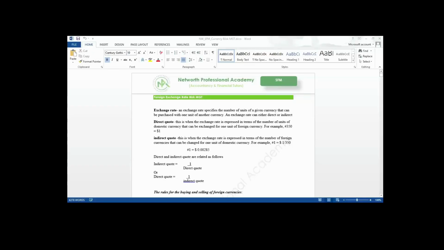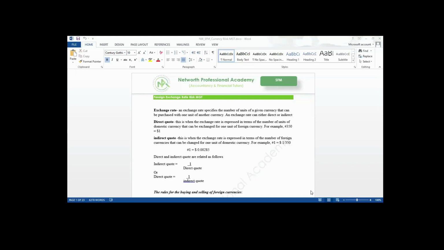Let's go on with the class. If you are dealing with a question where naira is not involved, how do you identify direct quote? How do you identify domestic currency and foreign currency? Where the company is located, that company will take precedence.